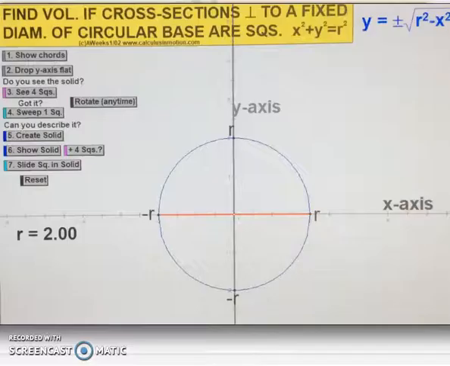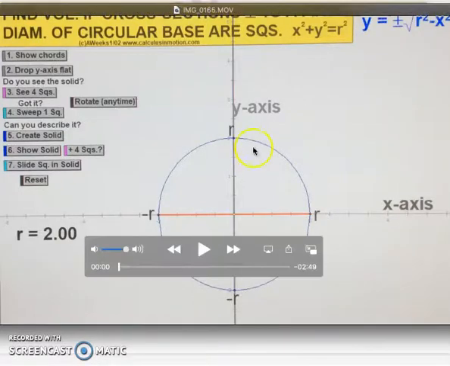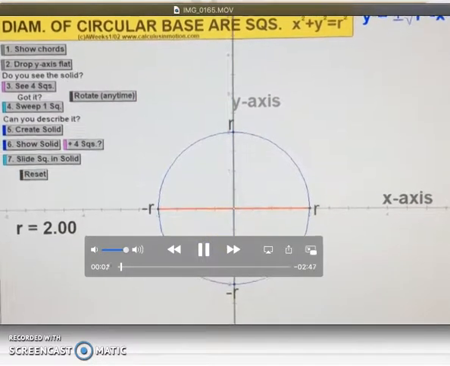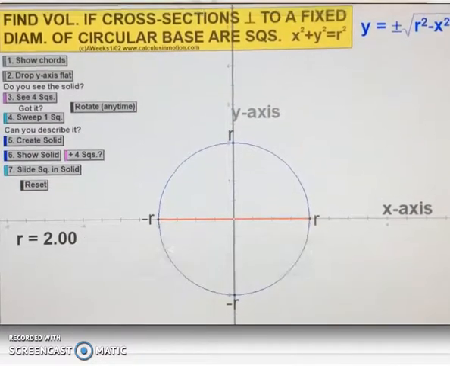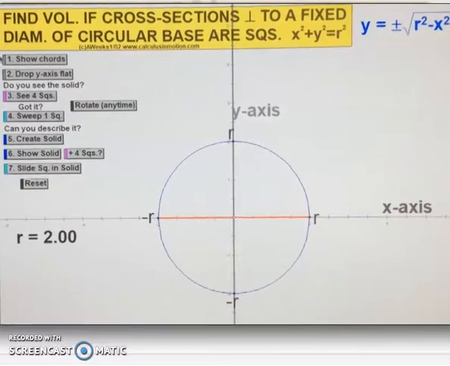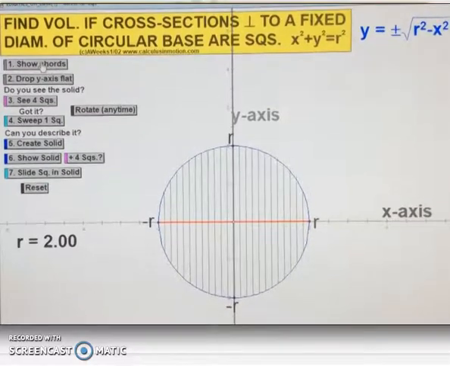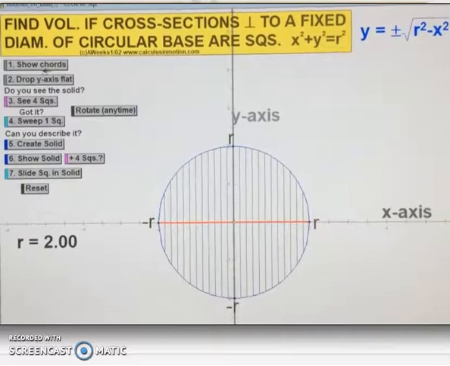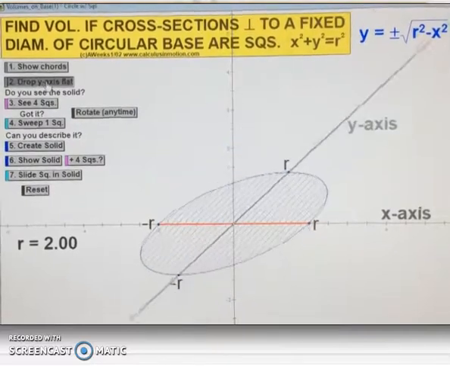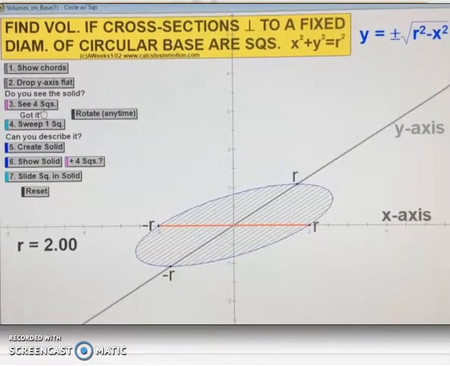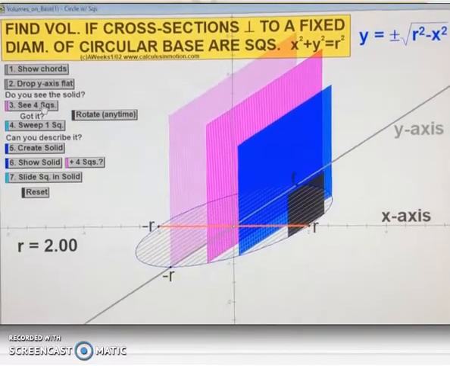Hey folks, I tried to get some software to give you a visual of what we're doing. Let's see how this goes. Okay, we're going to try to do a little example. Here's an example of a circle. We got little chords going here. We're going to drop our axes a little bit so we get a little picture. And let's put squares.